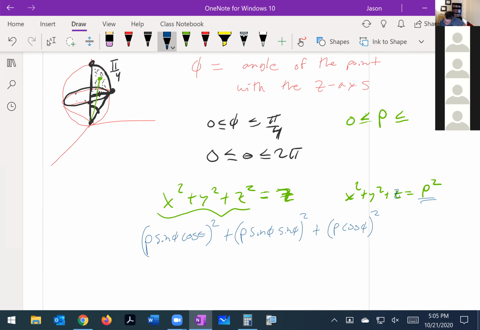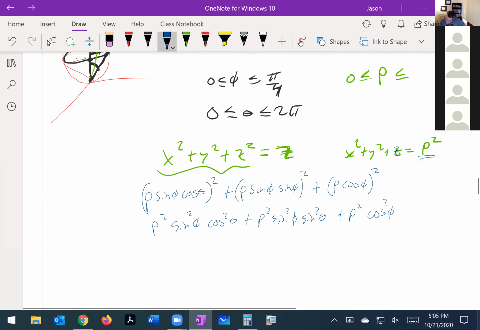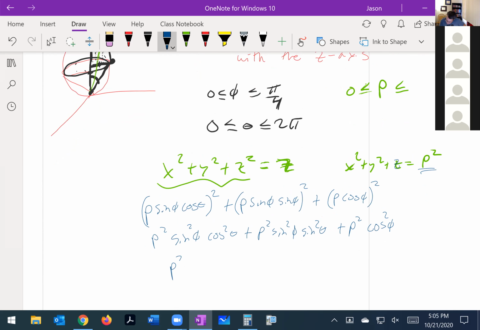So this becomes rho squared sine squared phi times cosine squared theta, plus rho squared sine squared phi times sine squared theta, plus rho squared cosine squared phi. Now I'm going to factor out a rho squared.